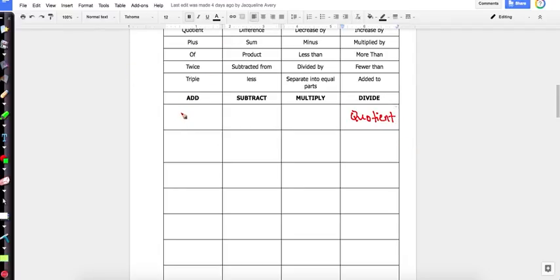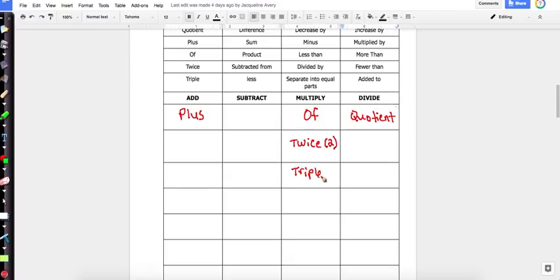Plus, addition. Of, multiply. Twice, multiply. And do you know what number you're multiplying by when you do twice a number? Good, 2. So put a 2 in parentheses. Triple, multiply.